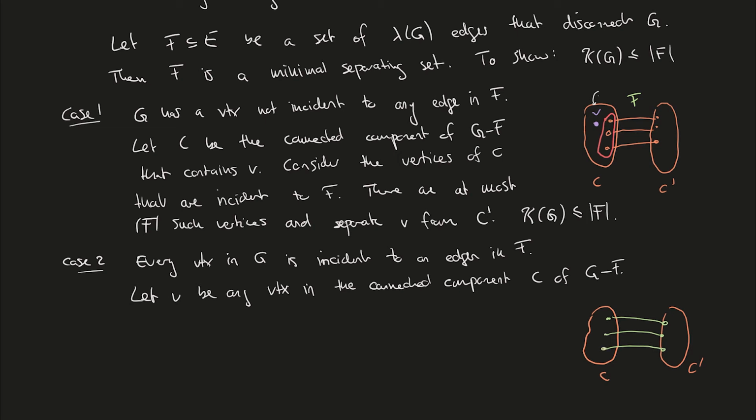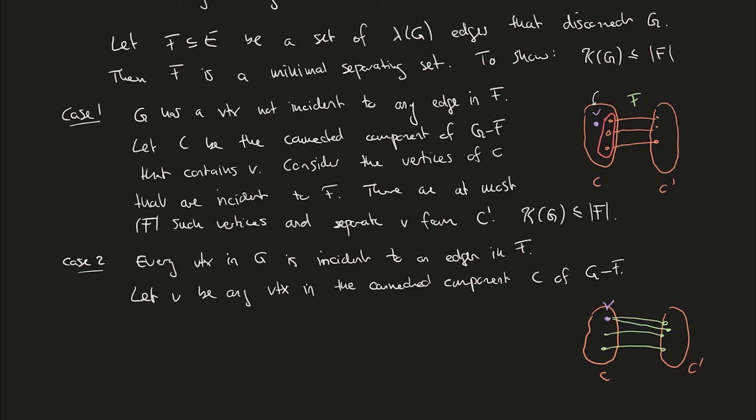However, now every vertex in the graph is incident to one of these edges, so we have some edge at V in the connected component that we choose. Now it's possible that V could also be incident to two edges, so let's draw that.